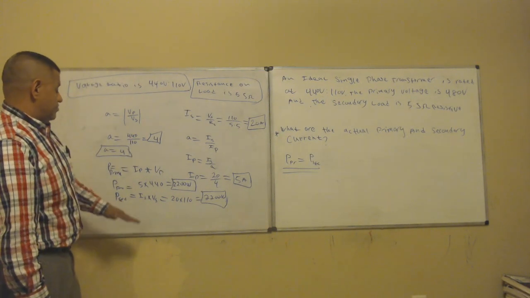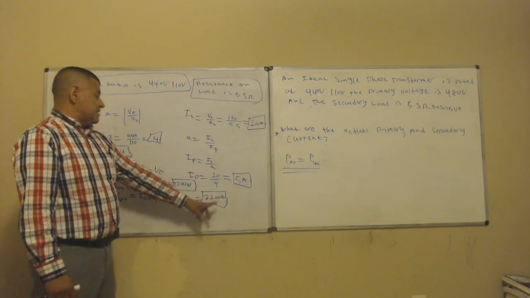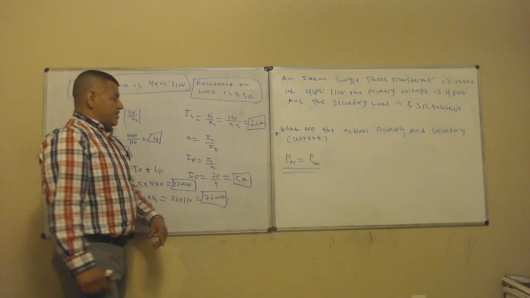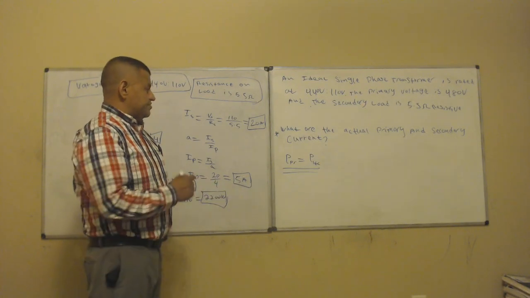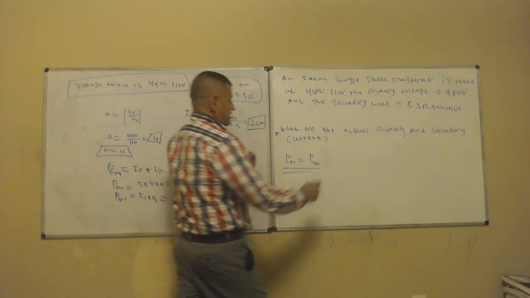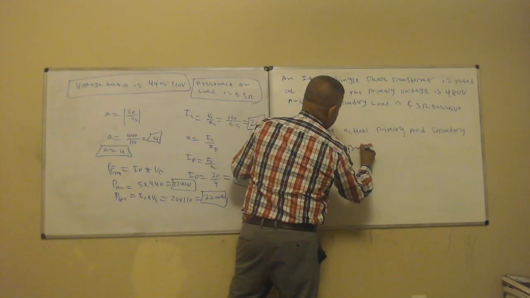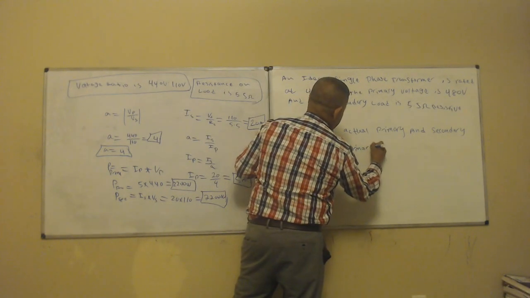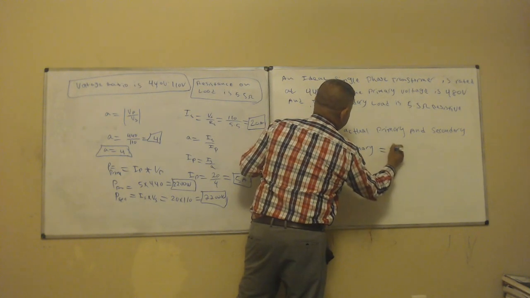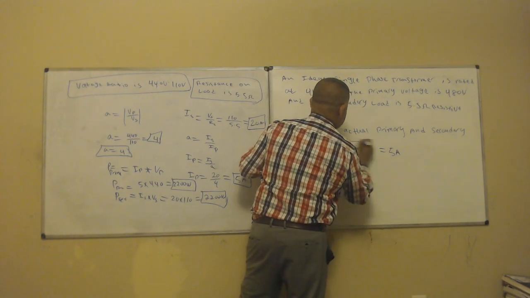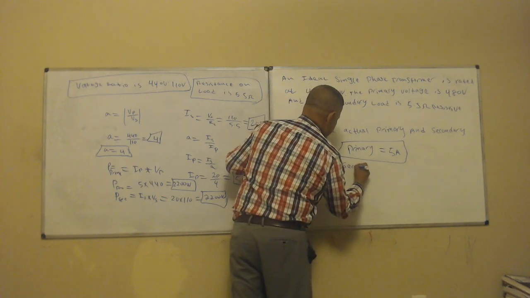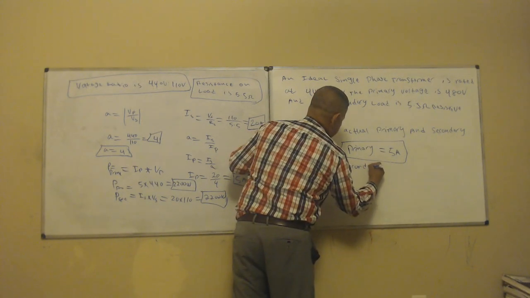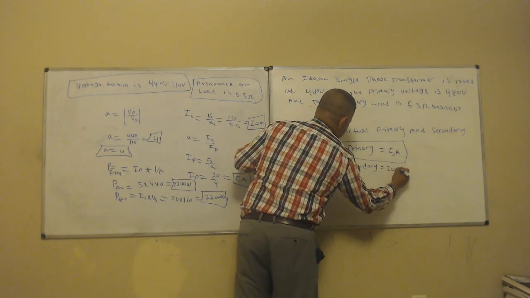But anyway, we verified those are the right answers. So the primary is 5 amps, and the secondary equals 20 amps.